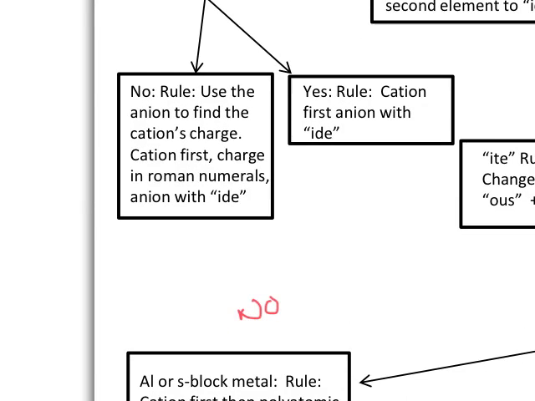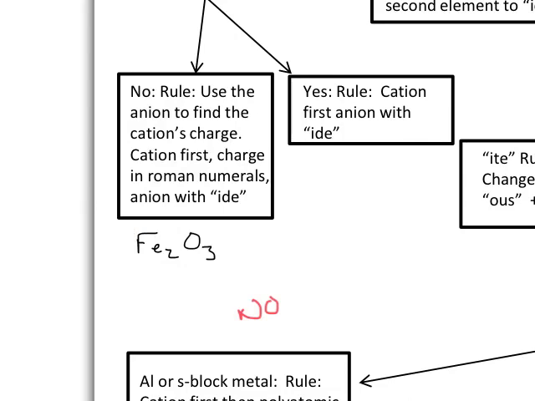So let's say we have some rust, Fe2O3. Iron is right in the middle of the D block, so it's definitely not a member of the S block or aluminum, so we're going to be uncertain of its charge. Oxygen, however, it's in group 16, so you should know that it is a -2.